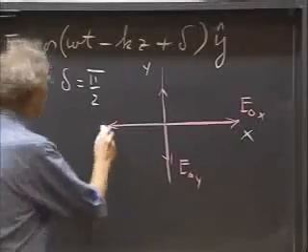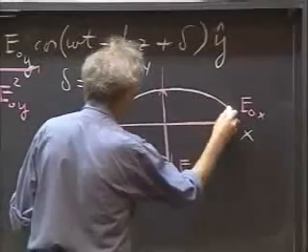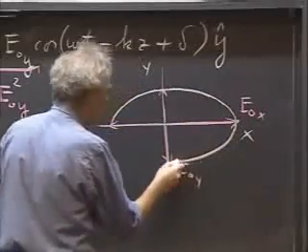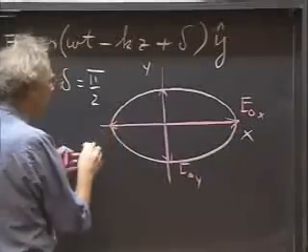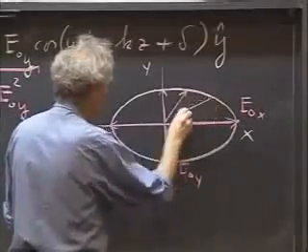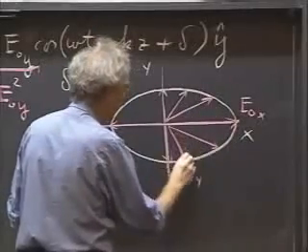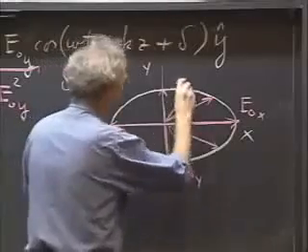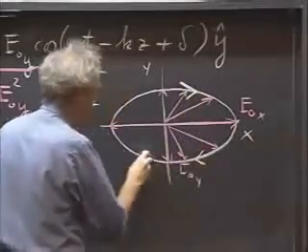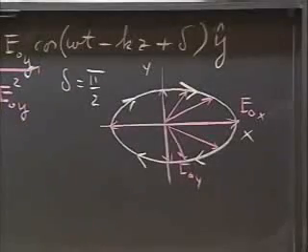So now what you're going to see, there is never a moment that the E vector is 0, but the E vector rotates around in an ellipse. It goes like so, like so, like so, and so on. And so it rotates around like this, and we call that elliptically polarized radiation.